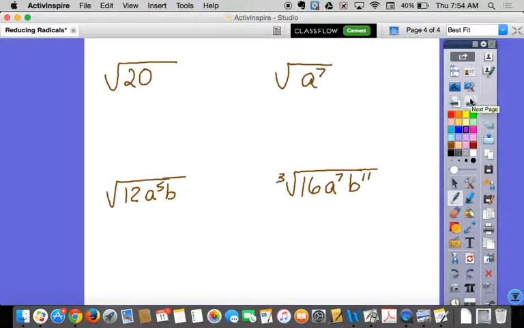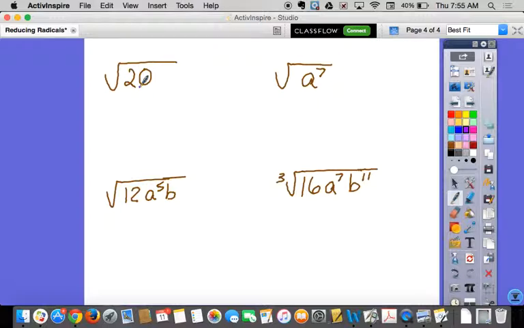But what happens when things do not work out beautifully? You've got to know how to reduce things and how to break down your radicals. So we've got to look at what happens when you have just a constant and what happens when you have a variable. When you have a constant that's not in your list, when we listed out perfect squares, 20 is not in the list.